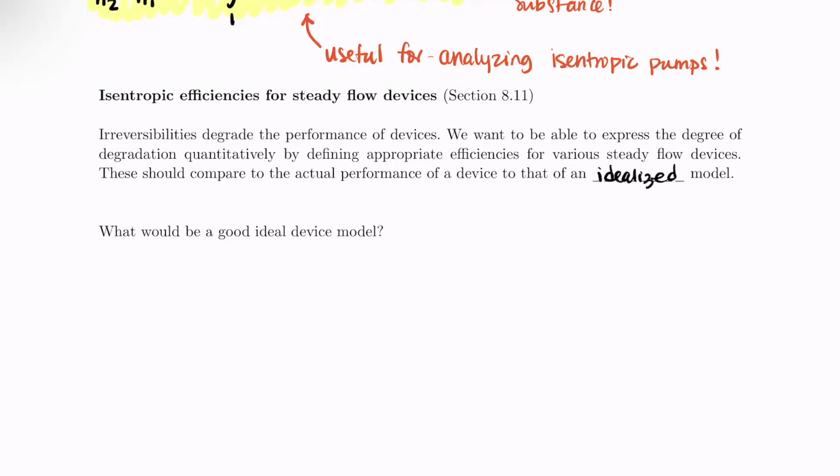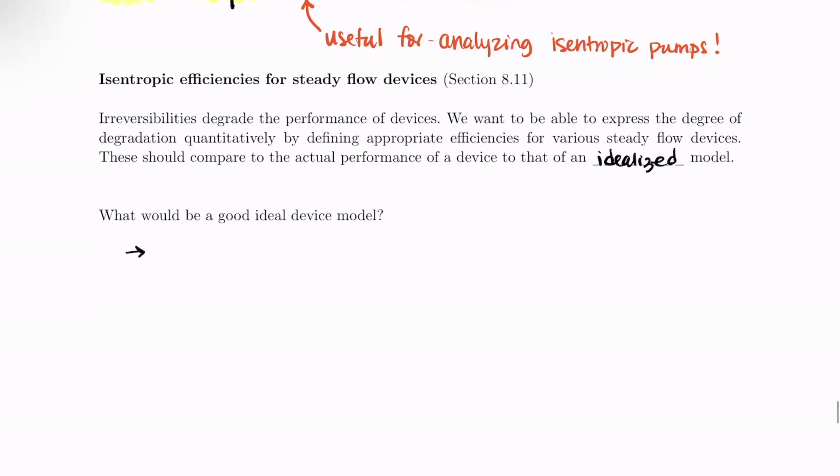So we should design our ideal device as adiabatic too. All right, so we're gonna make it adiabatic. And since we want to characterize kind of the ideal model, we should also make our device reversible.